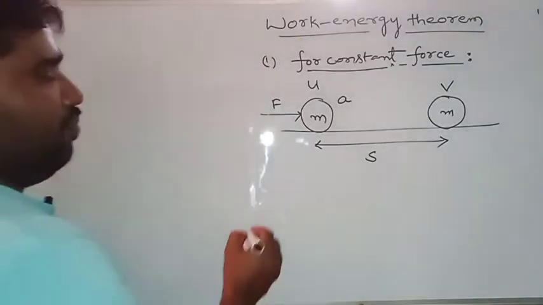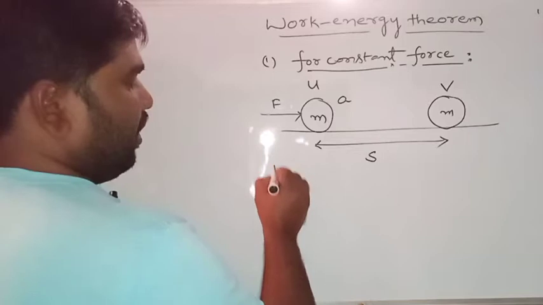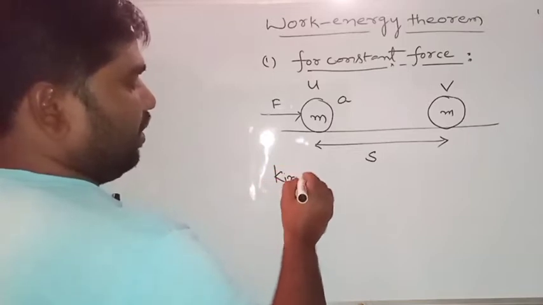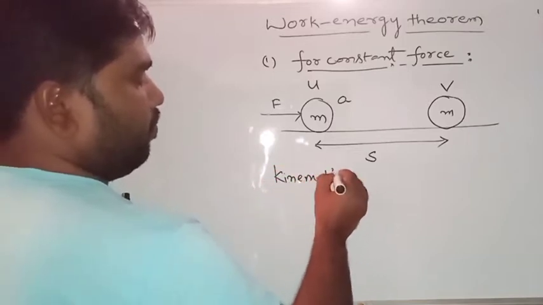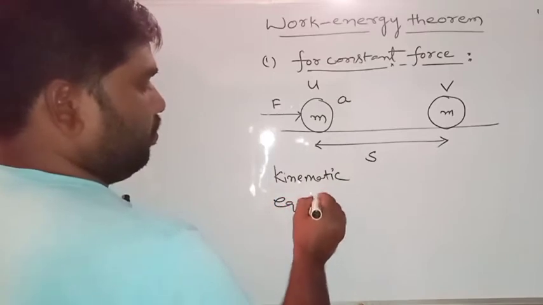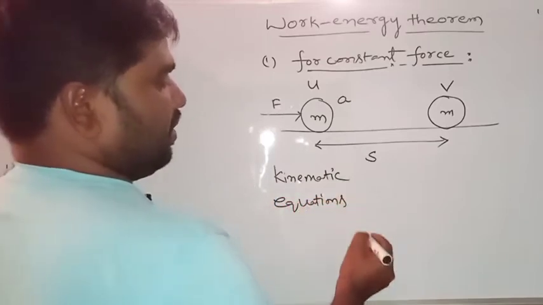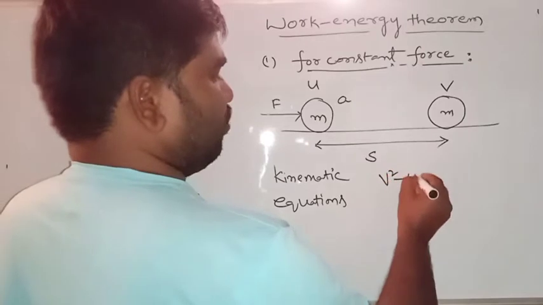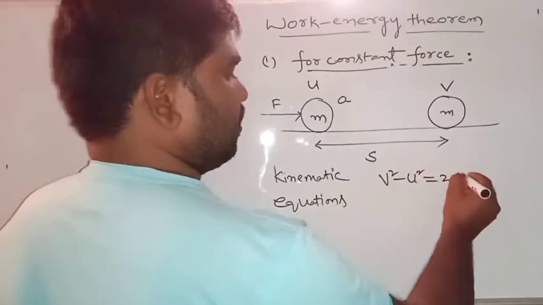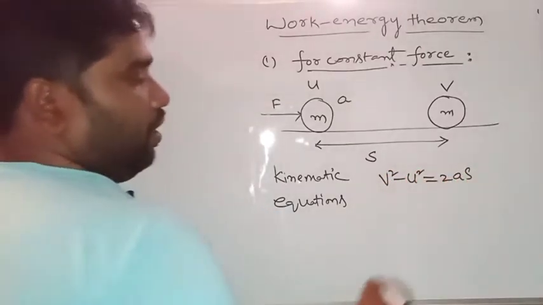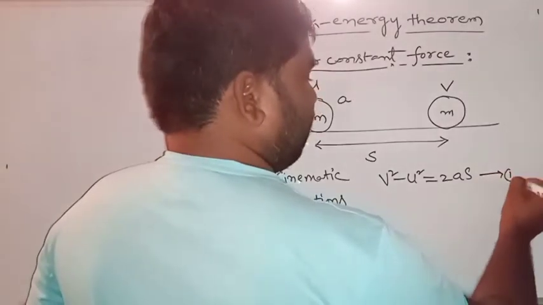Now, according to kinematic equations, what can we write? v square minus u square equals 2as. Let us assume this is equation 1.